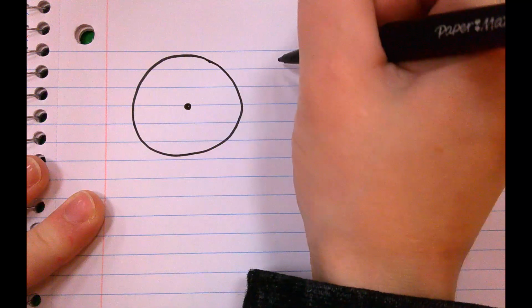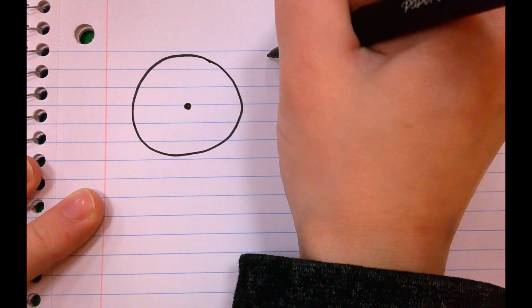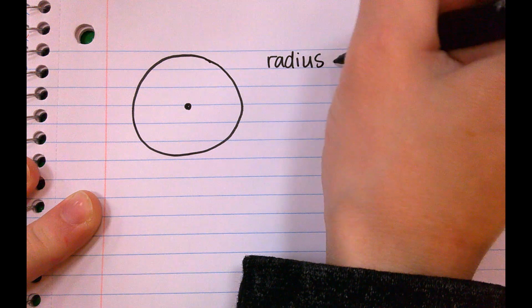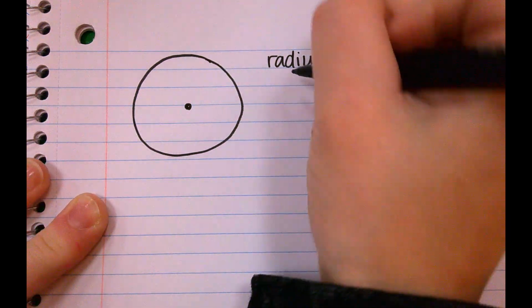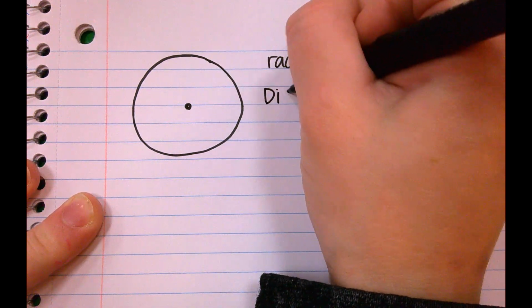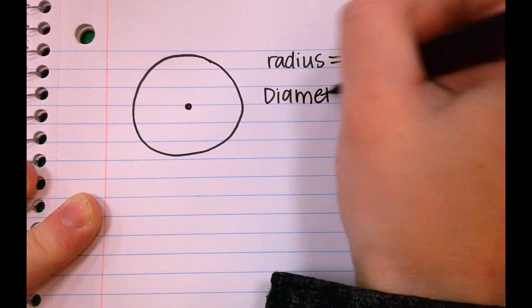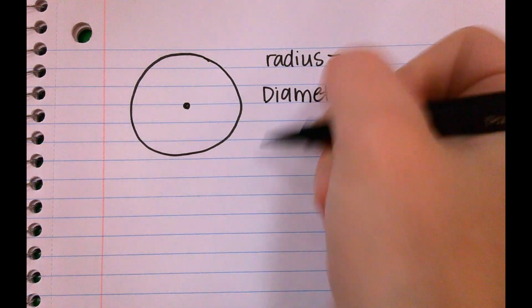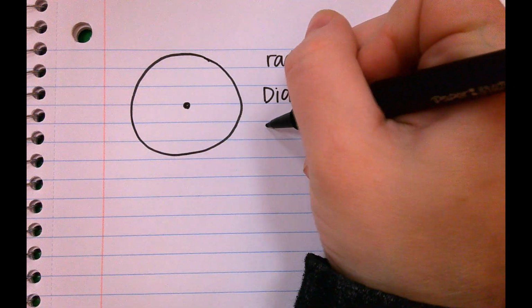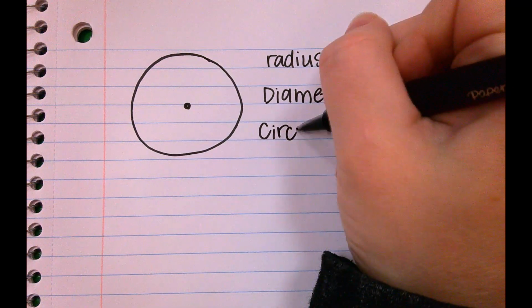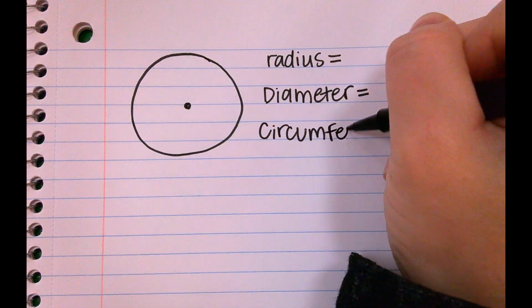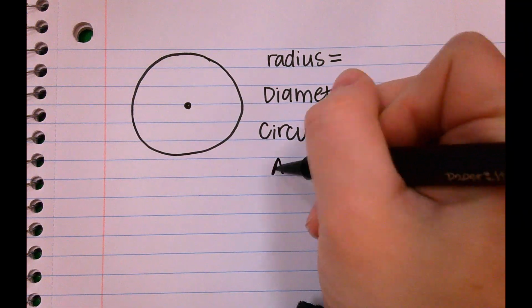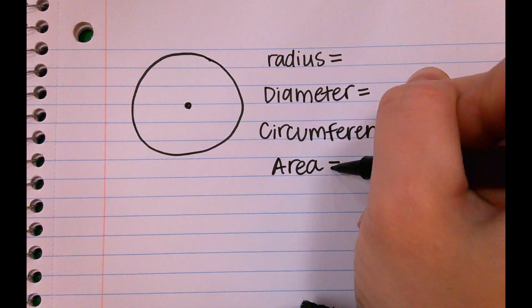And over to the side, you will have radius equals, diameter equals, circumference equals, area equals.